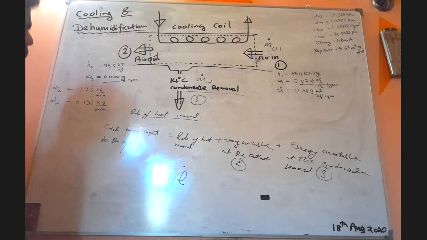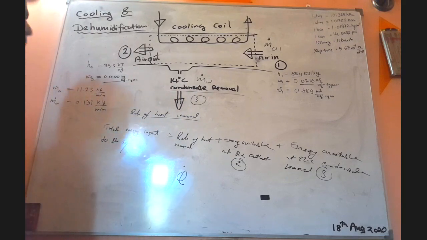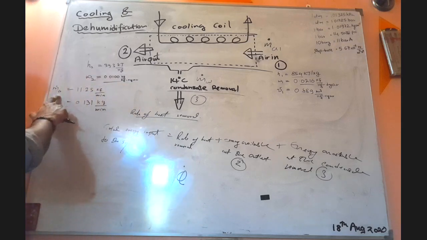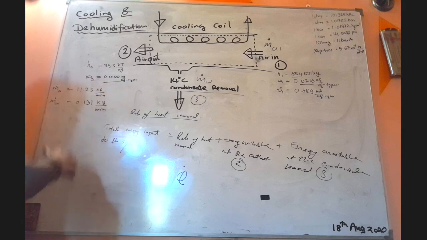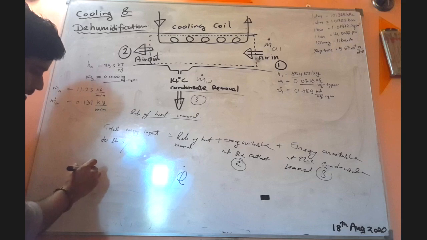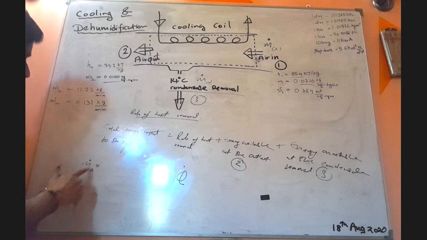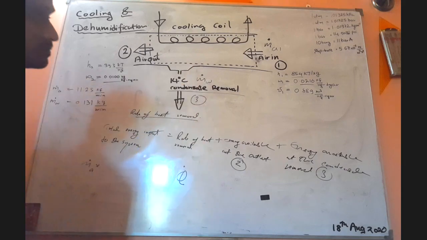Now we have evaluated the flow rate of dry air mass, that means ma dot we know, got the point, right. So we know what is ma dot, this is dry air mass flow rate, ma dot times h1.